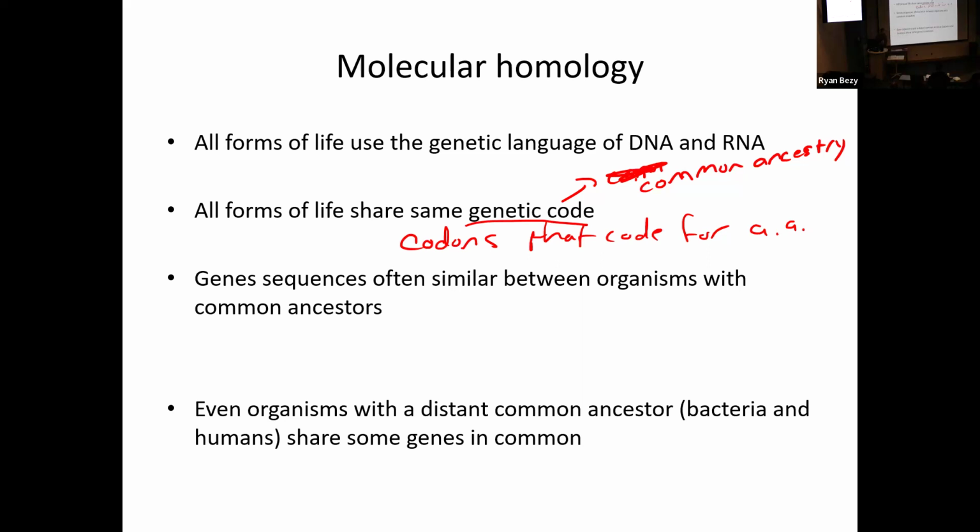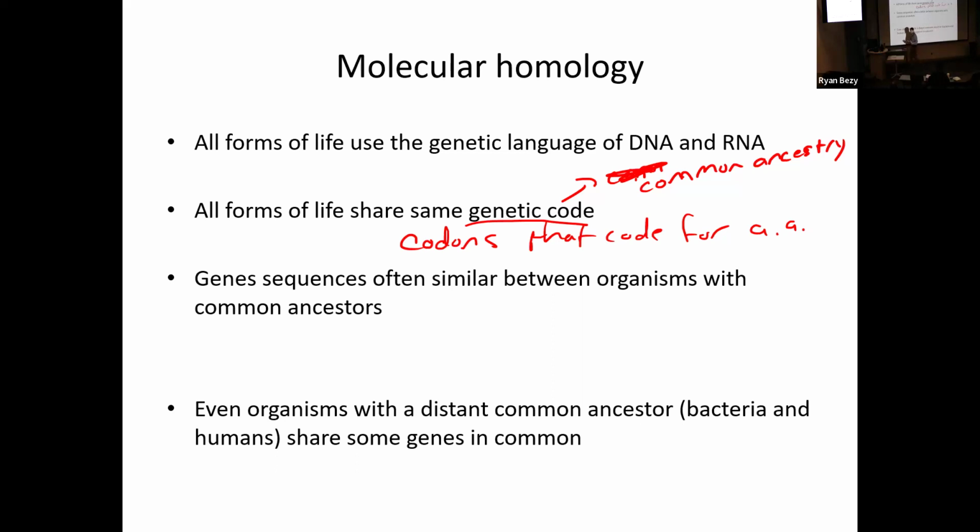If we look at other things, gene sequences are often very similar between organisms that share a recent common ancestor, or sometimes even distant common ancestors. I think I got my numbers slightly off, but we share about 99% of our gene sequences with chimpanzees, which we can trace back with humans to a common ancestor from fossil records.